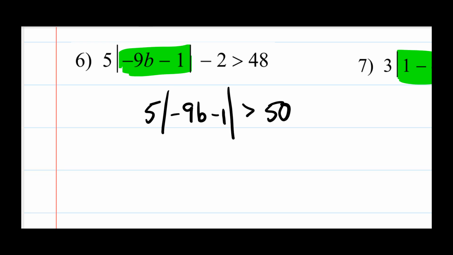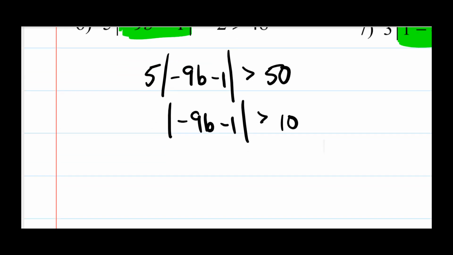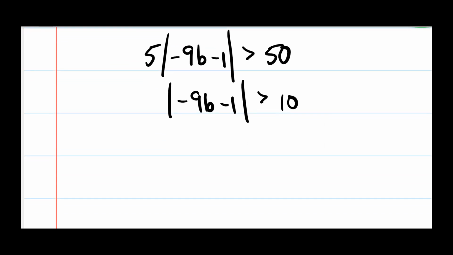Next, we'll divide both sides by 5, so you get the absolute value of -9b minus 1 is greater than 10. From here, now is the time when we take a look at our absolute value and our inequality symbol. So I want the absolute value of something to be greater than 10.